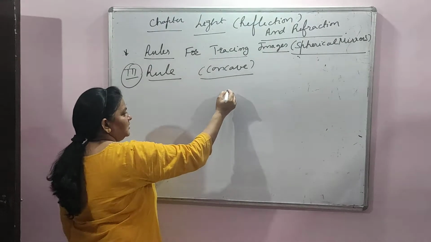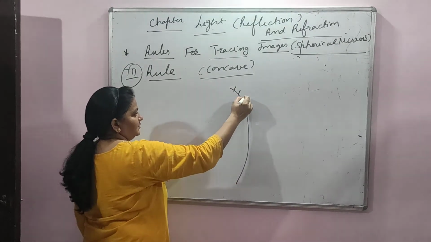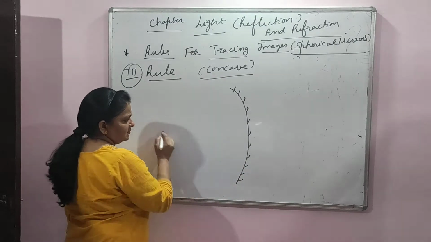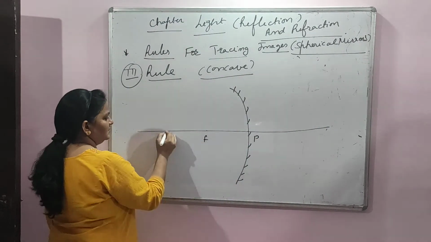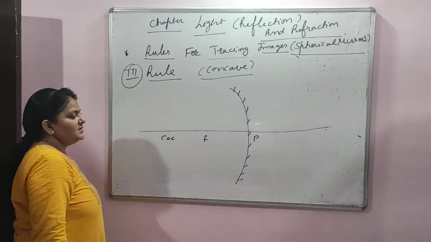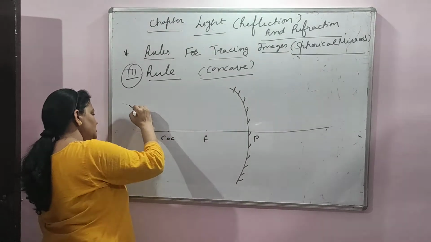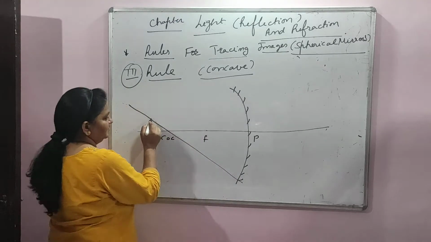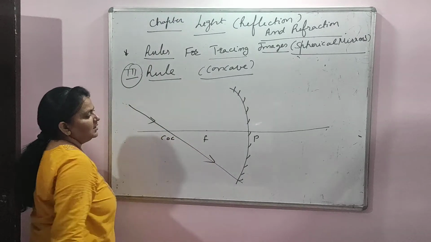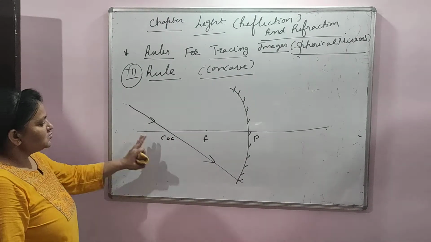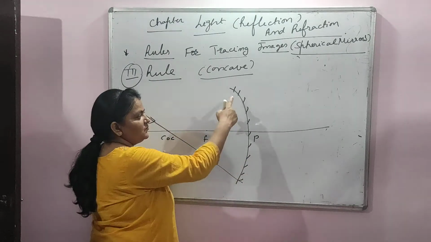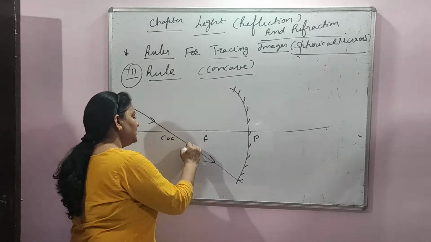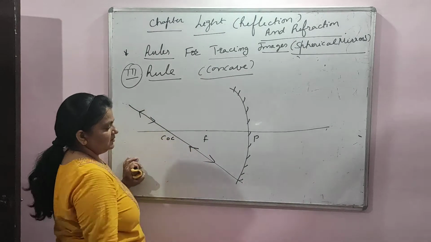It's a very simple rule. An incident ray which passes through center of curvature after reflection through spherical mirror will retrace its path.